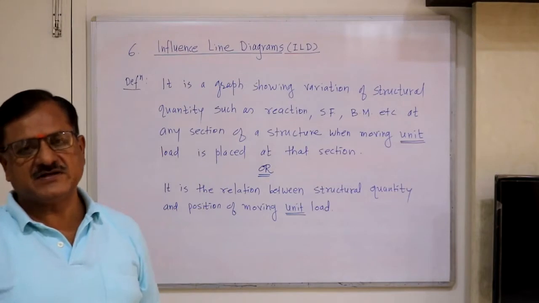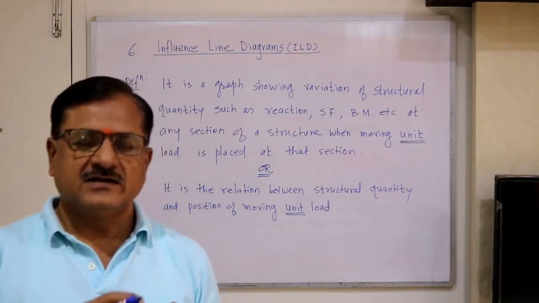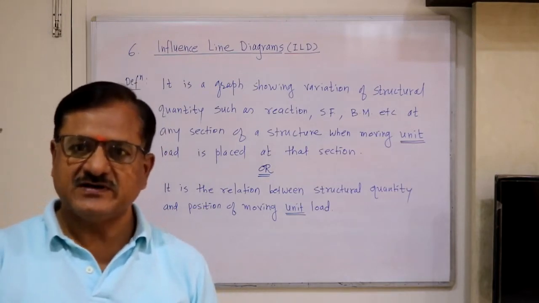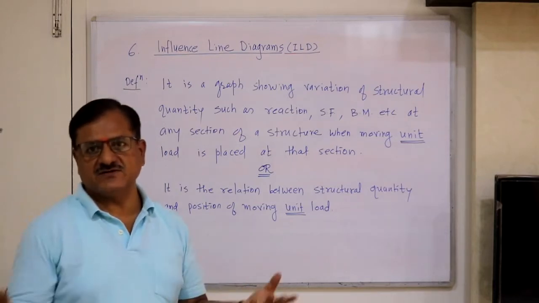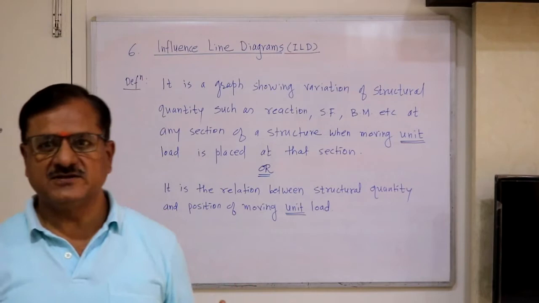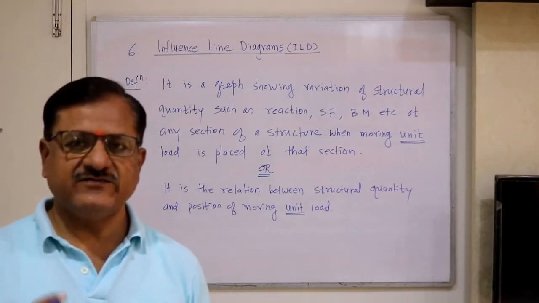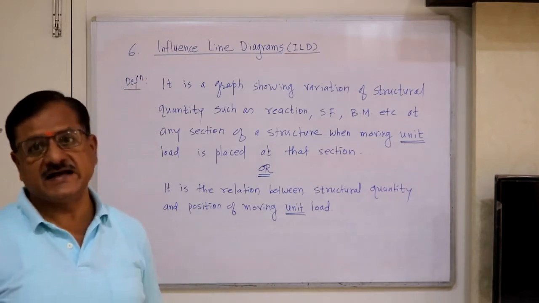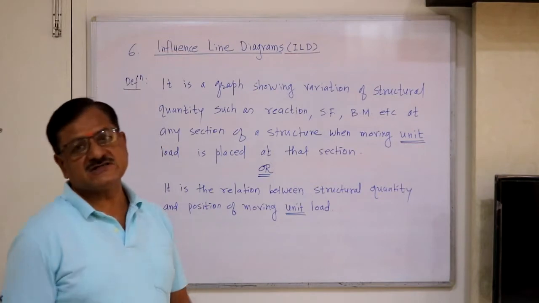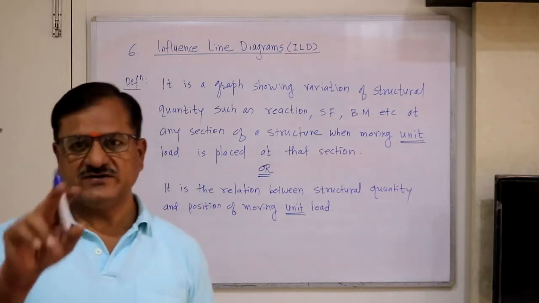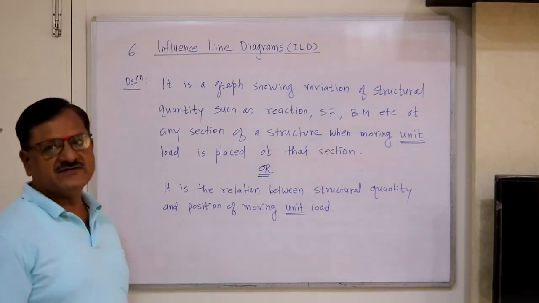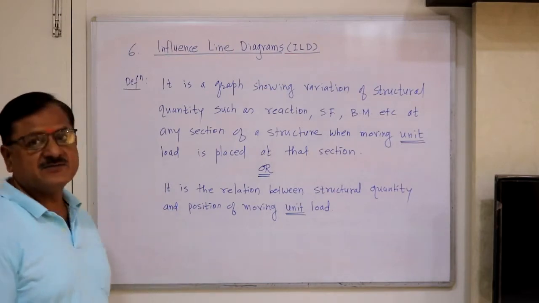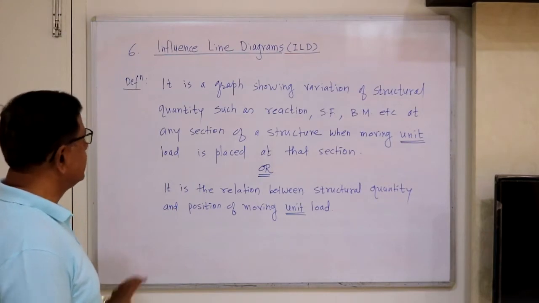Because this graph is constructed for a moving unit load, irrespective of the external loading acting on the beam, each and every ordinate of this influence line diagram is called influence line coefficient. Every ordinate of the diagram is called influence line coefficient, and the entire diagram is called influence line diagram.